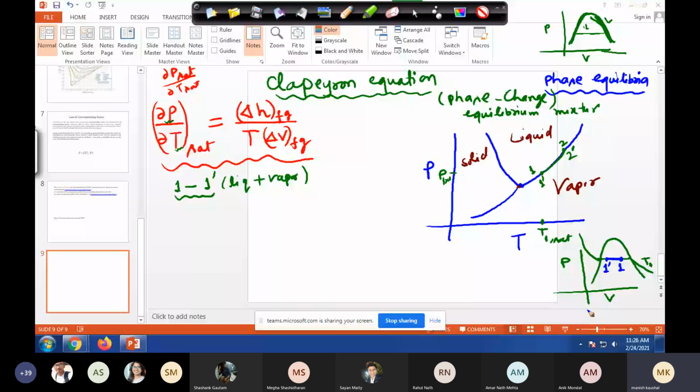This is 1, this is 1 dash. Liquid is going to vapor. So that is here only, by 1 point, 1 to 1 dash. Since temperature and pressure are going to be constant, can anyone tell me what I can write for dg using that diagram?